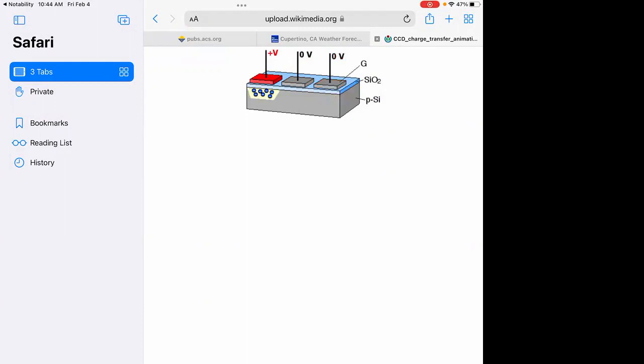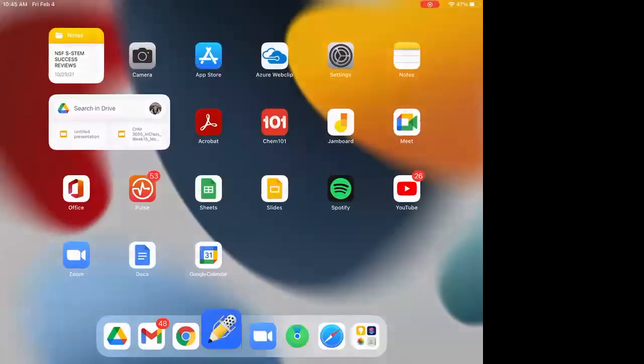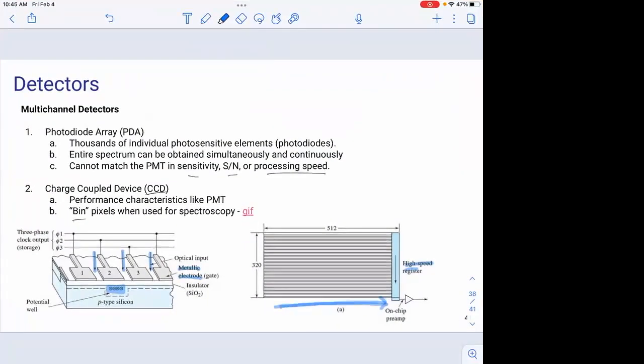I'm applying a positive voltage to each gate in sequence to move and shepherd the charge down the array. So let me go back. Right down the array in this direction. Once it hits this spot, it's read in register. And so this is how we can get such a wide optical image from the array detectors.